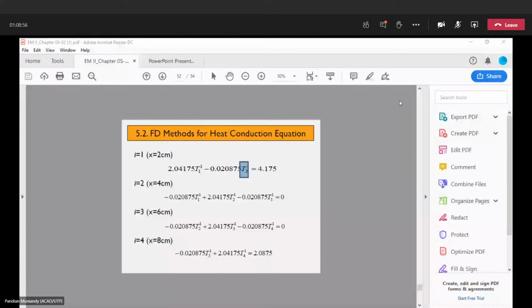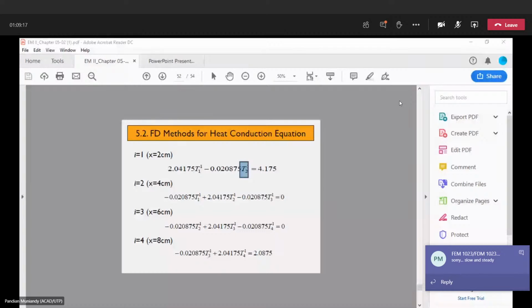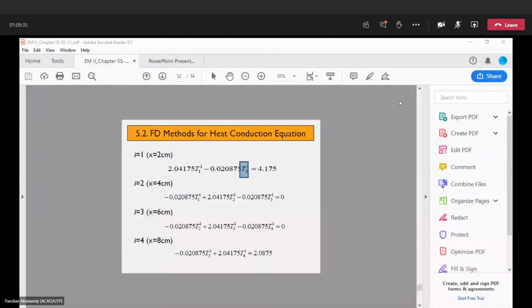So what is the answer? 2.0875 divided by 2.04175.